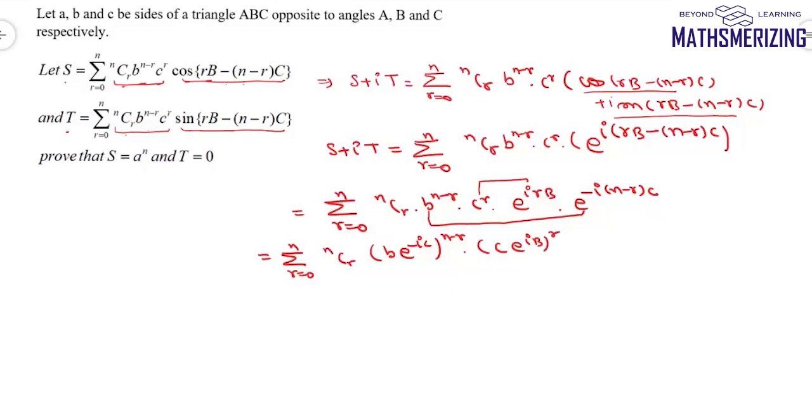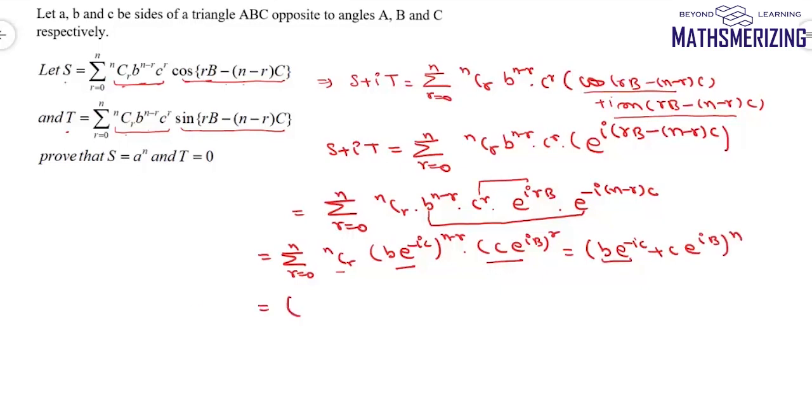Now if I look at this series, it is nCr a to the power n minus r into b to the power r, which is nothing but the binomial expansion of (a plus b) to the power n. So I can write this series as (b into e to the power minus iota C plus c into e to the power iota B) to the power n.